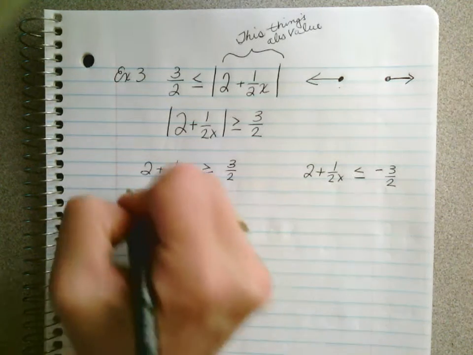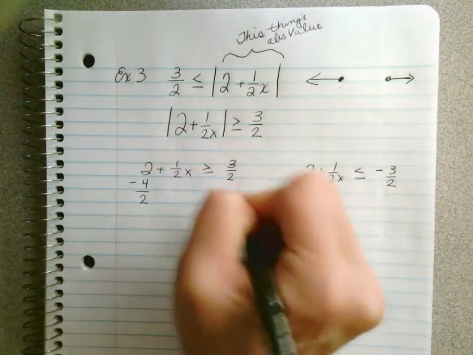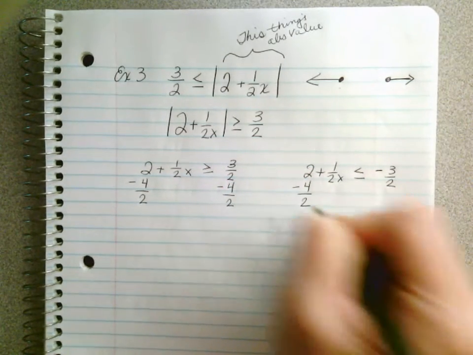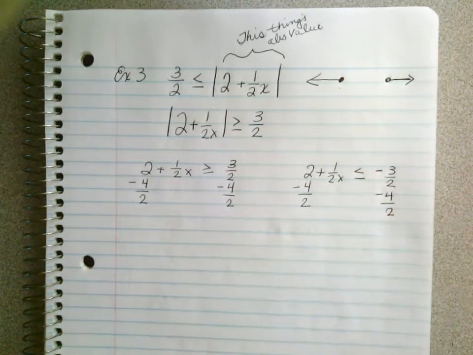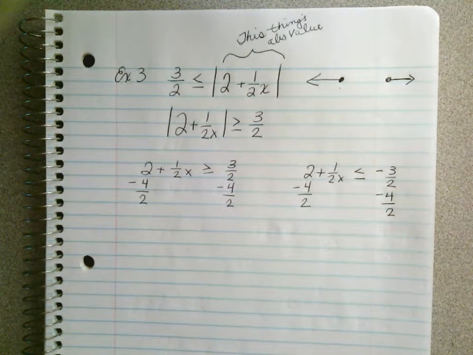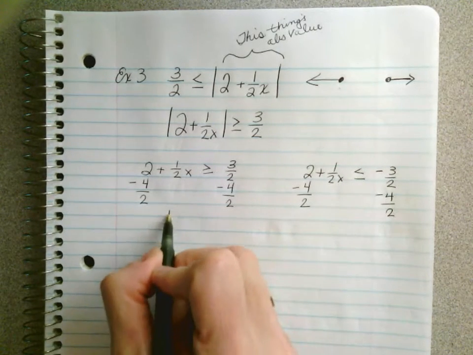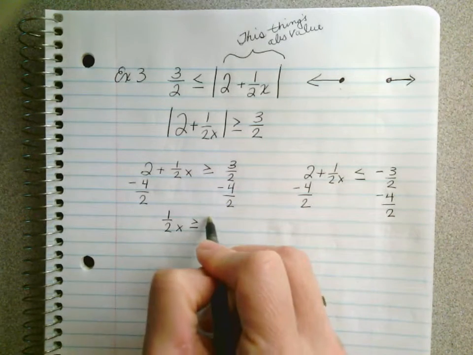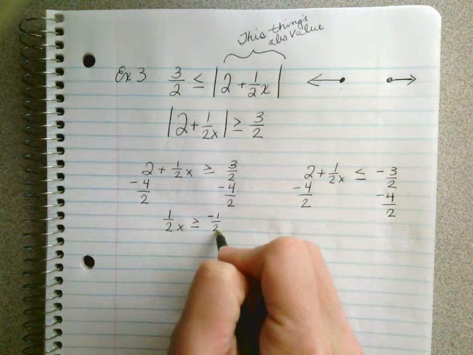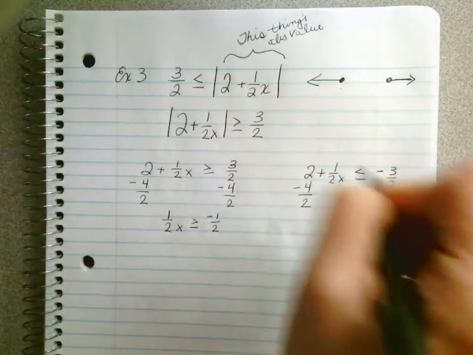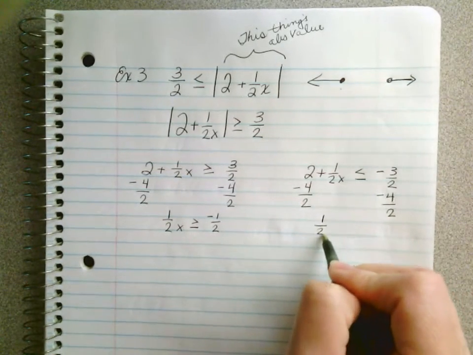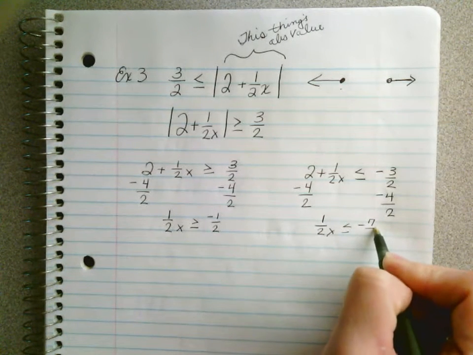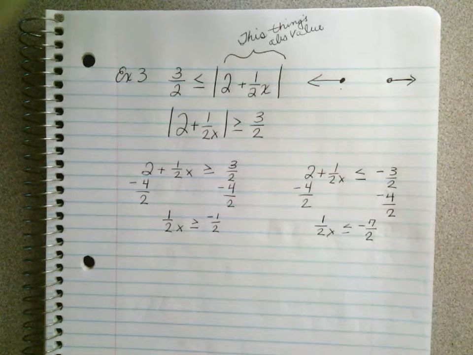So let's subtract 4 halves. I'm working fractionally because we've got a fraction on the right. Working that, we end up with 1/2 x is greater than or equal to negative 1/2. Over here, 1/2 x is less than or equal to negative 7 halves.